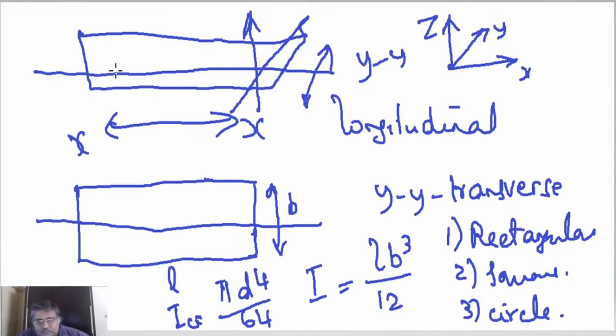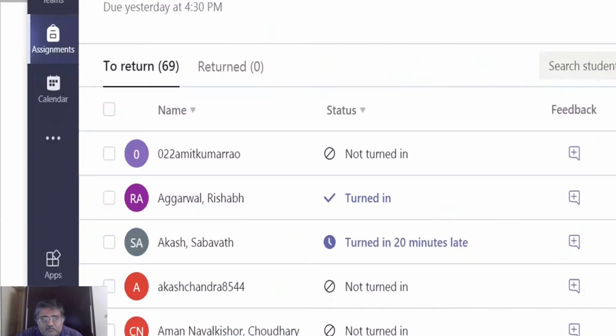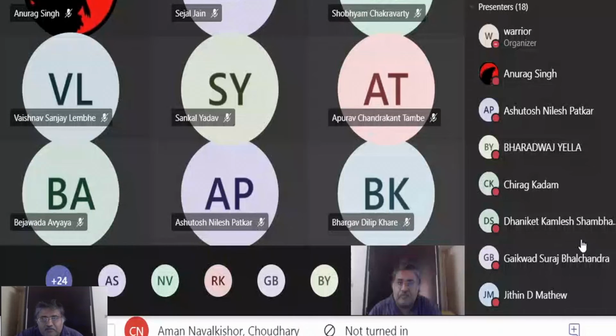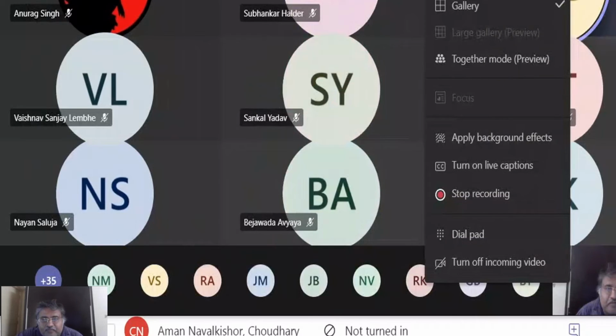So if you can get to that window, maybe we can guide you. Where should I go? You should go back. Sir, click the triple dot in participants.